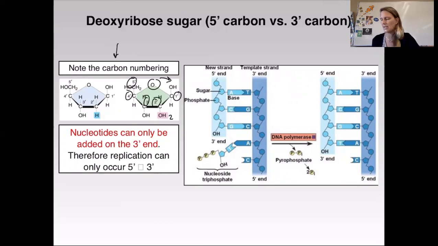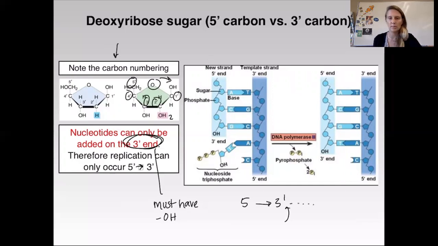And nucleotides can only be added to the 3 prime end, and that 3 prime must have an OH attached to it. Therefore, replication can only happen on the 3 prime ends. And we call that 5 to 3 prime, because as we add, we're going to lengthen this part. All right. And again, they get added as a nucleoside triphosphate. But again, these 2 inorganic phosphates come off.